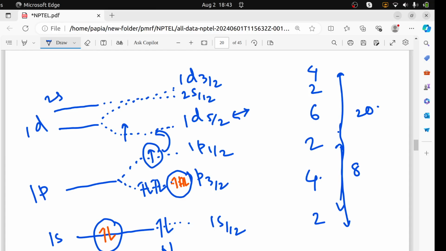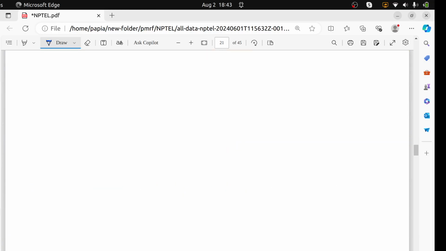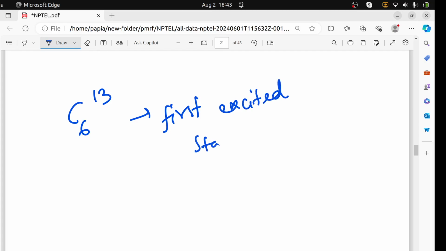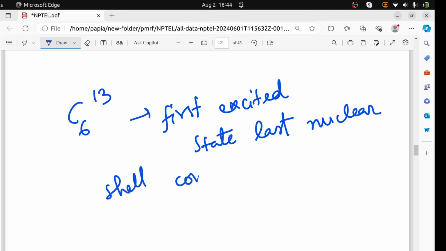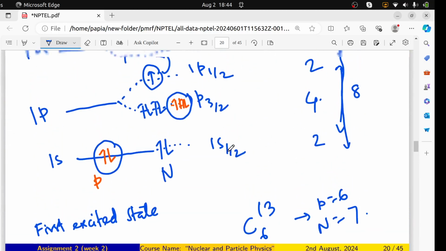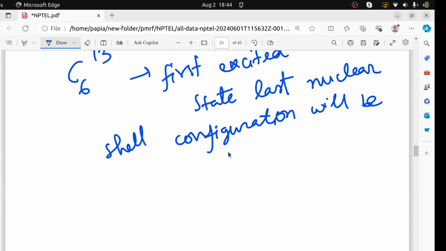Okay. So for carbon 13, first excited state, the last nuclear shell configuration will be, what was that? 1d5/2, with superscript 1.